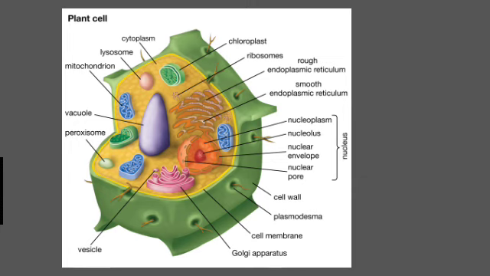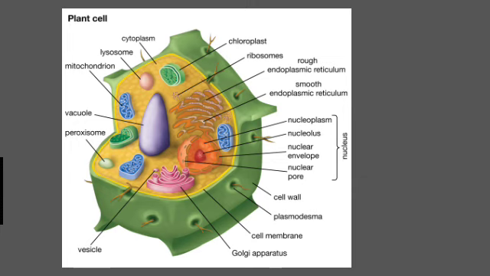Each such cell has certain specific components within it called cell organelles. Each kind of cell organelle performs a special function, such as making new material, clearing the waste material from the cell, and so on.